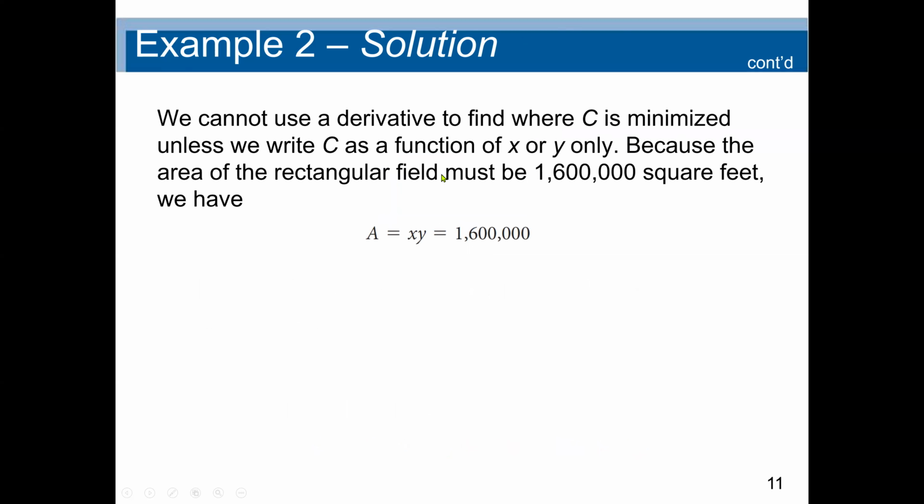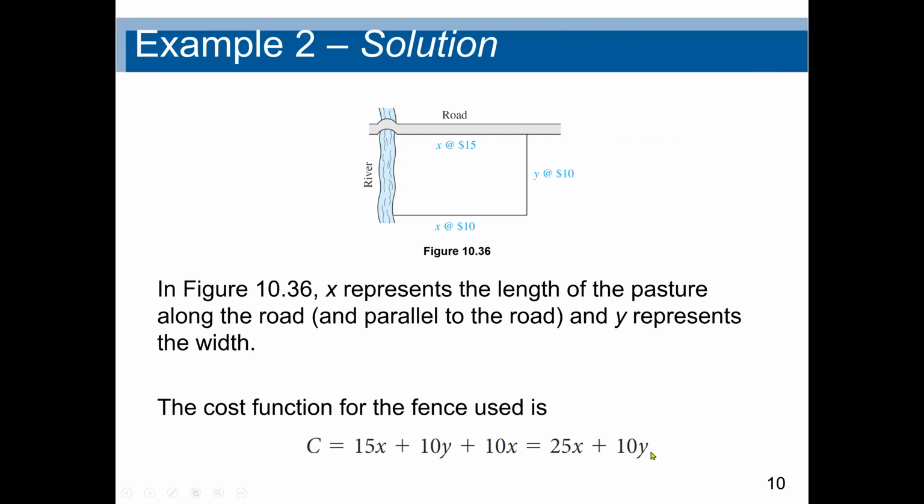Now we say we cannot use the derivative to find where C is minimized unless we write C as a function of x or y only. Remember, here we have two variables now, so we can't find the derivative in both x and y. Remember, the derivative always has only one input.